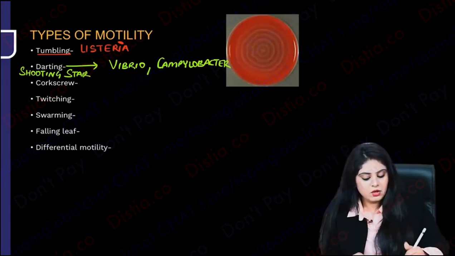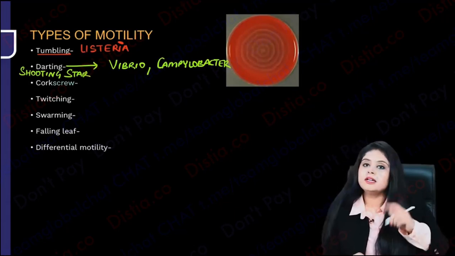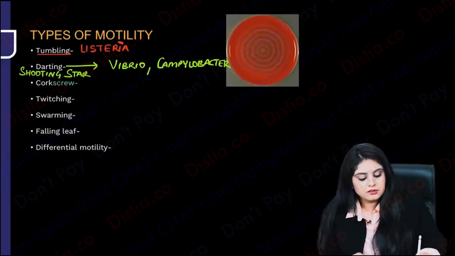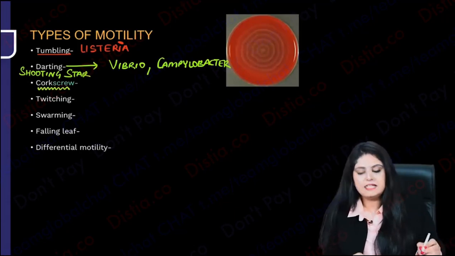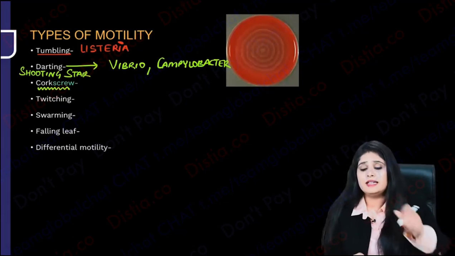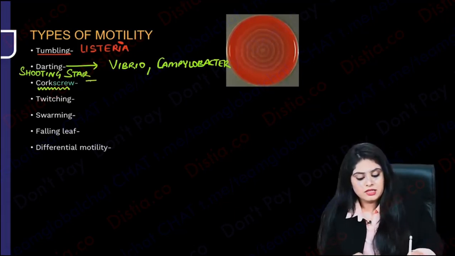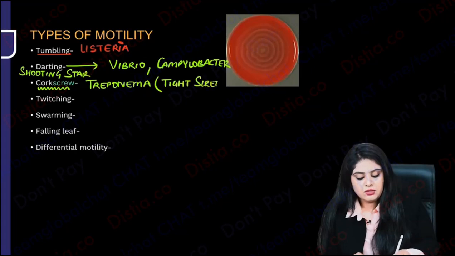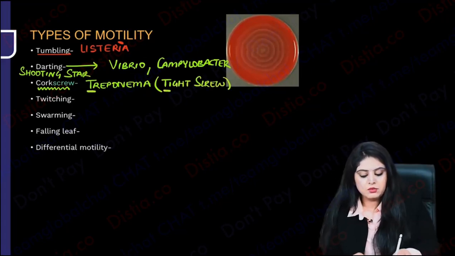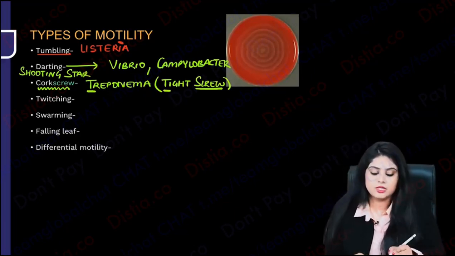Coming to the next, corkscrew, which is the organism that looks like a screw. Looks like a screw means it's looking very, very tight, like a nail, like a screw. And that is going to be Treponema. So we have always learned Treponema looks like a tight screw. Treponema, T for T, a tight screw, and that is why it shows you a corkscrew motility.